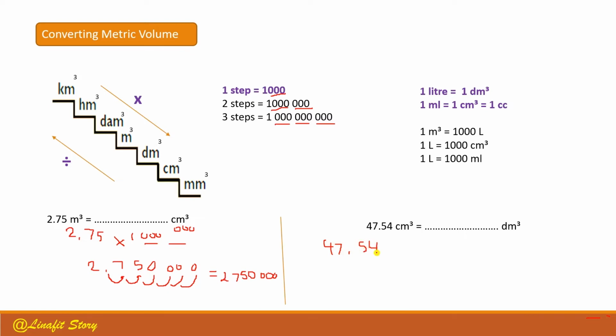47.54 cubic cm to cubic dm. This is cubic cm, this is cubic dm, so step up, we divide. How many steps? Only one step. So we divide by 1000.